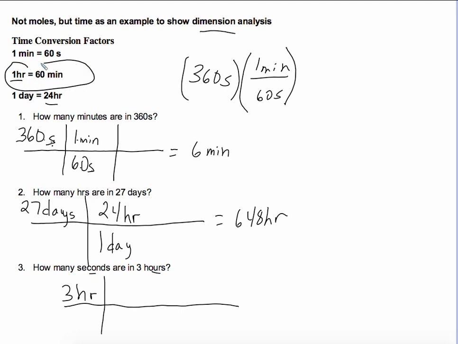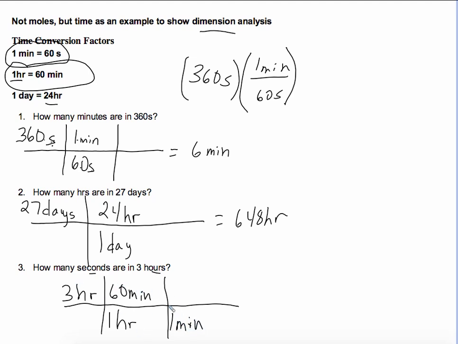And so what you would do is you would choose this conversion factor right here and put in the 1 hour here and the 60 minutes here, and just keep on going. Don't stop and do this problem and then do another one. Just keep on going. And now we have minutes here, and we want to go to seconds. So now we got to look for a conversion factor that has minutes to seconds in it, and here we see the top one right here that has 1 minute.